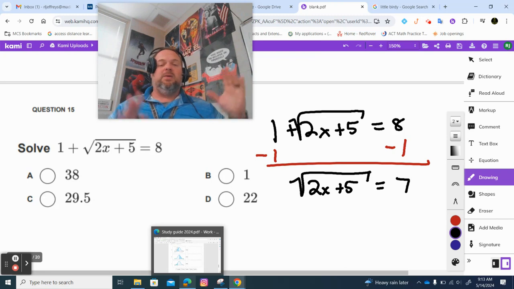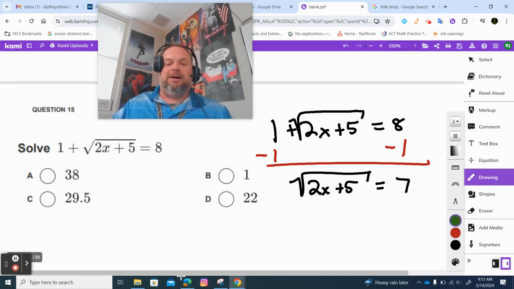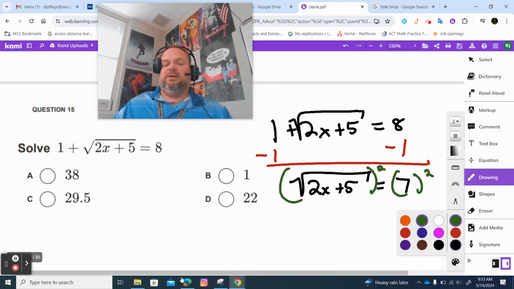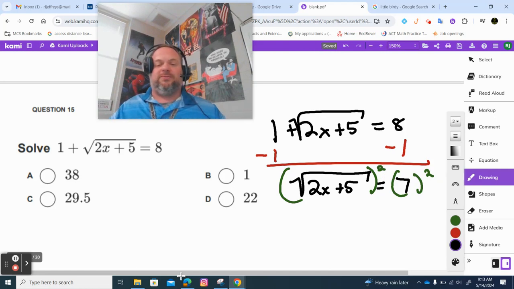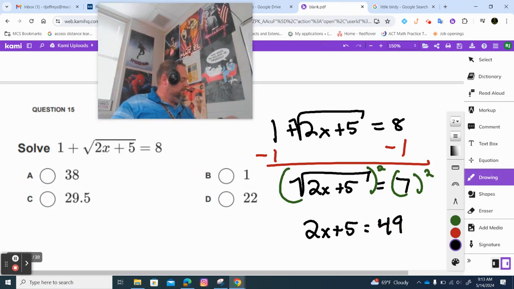Now, we have the radical isolated, just like it said in our notes. Okay? That's crazy, notes like that. All right. We're going to square both sides. When we do that, it rips the roof off this. What is 7 squared? 49. What's our next step?